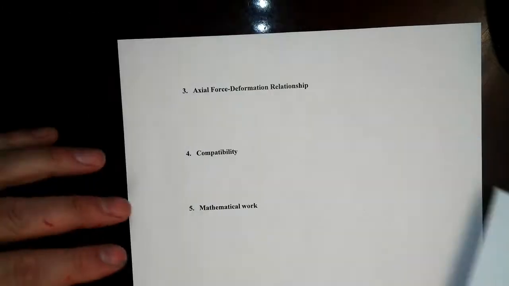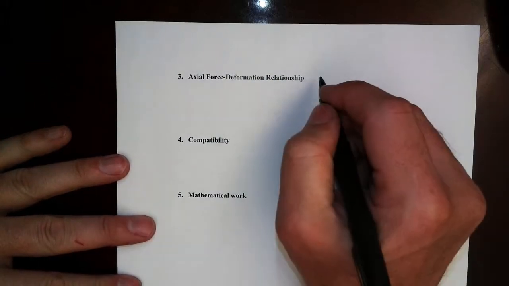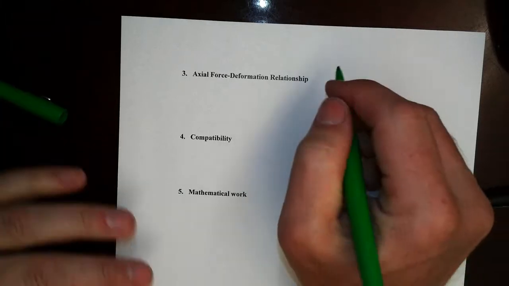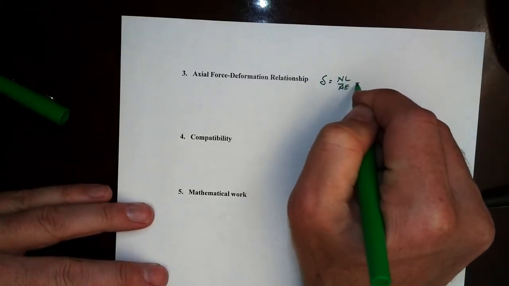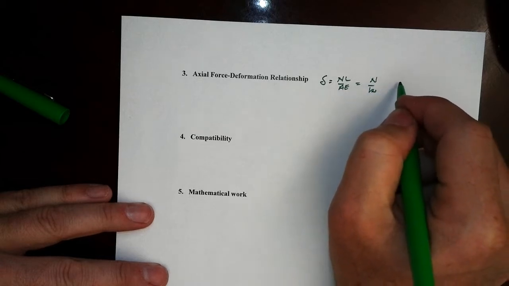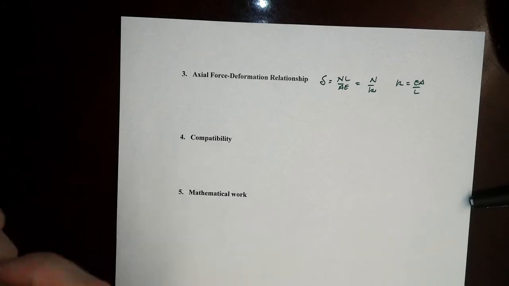So now, an additional part of how this is going to work is we're going to deal with the axial force displacement relationship, delta equals NL over AE, or I like to do this as N over K, where K is equal to EA over L. That's the axial stiffness of the member.